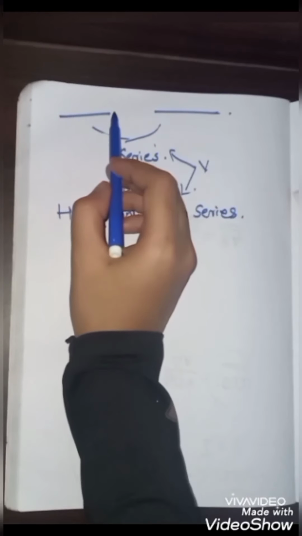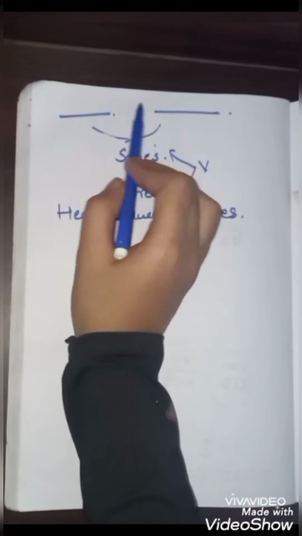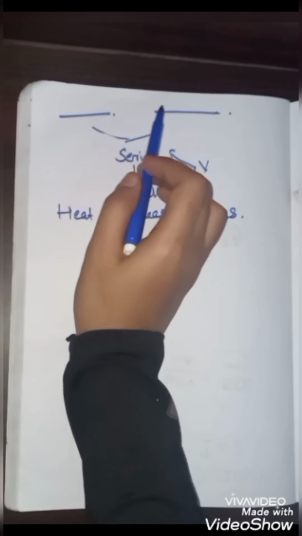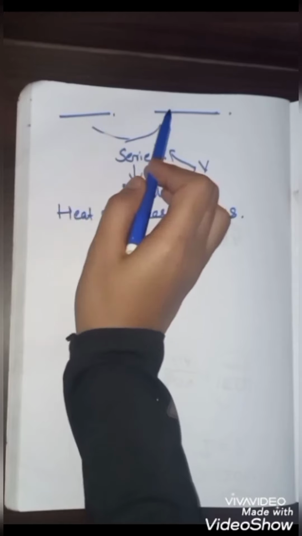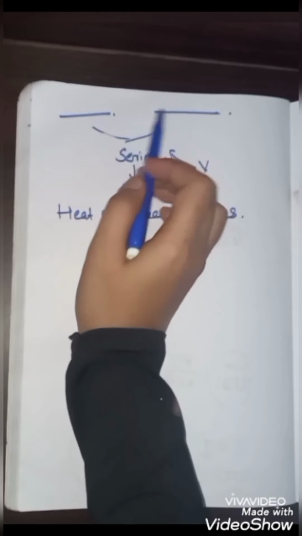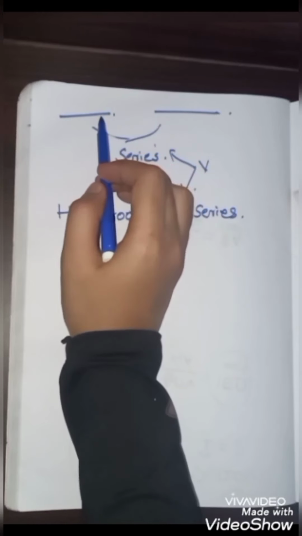What is the resistance of these two conducting wires? They are made of the same material, of equal lengths and of equal diameters. That means these two conducting wires have the same resistance.